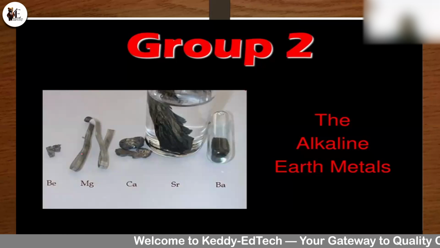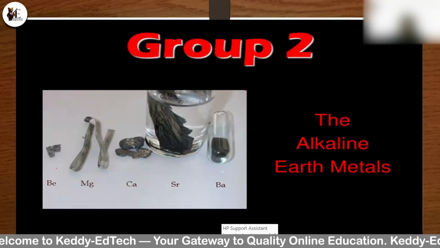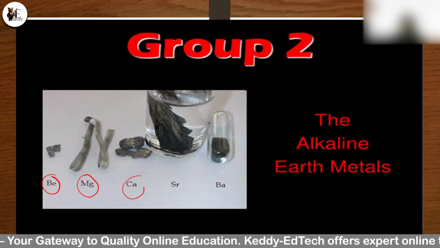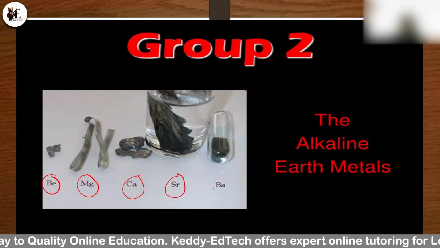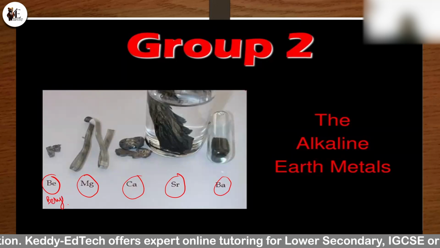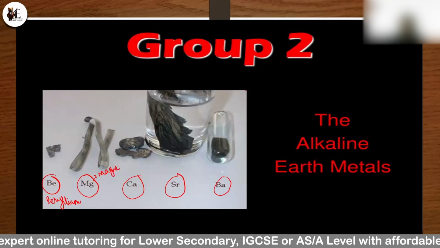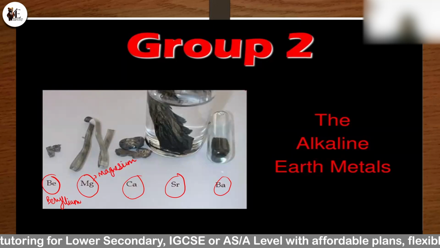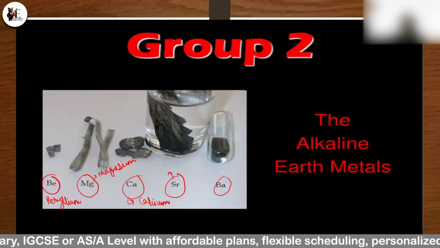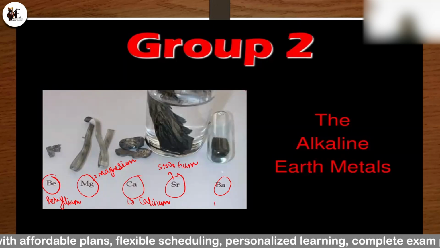Group 2 consists of beryllium, magnesium, calcium, strontium, and barium. You can check it in your periodic table also. Magnesium, calcium. This is your strontium. Write down the names of group 2 elements in your notebook. And the last one is barium.